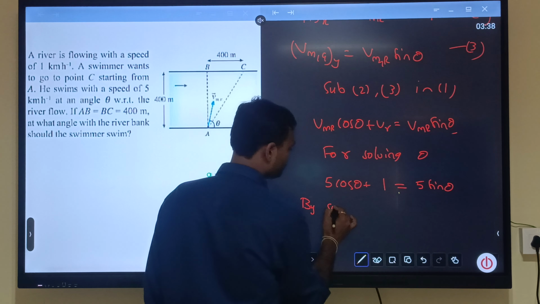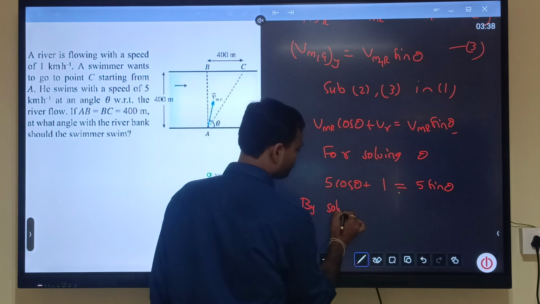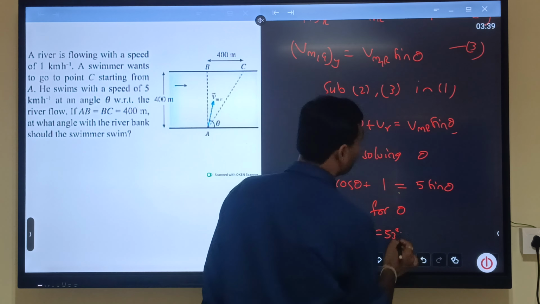By solving for theta, you will get theta is 53 degrees, right?